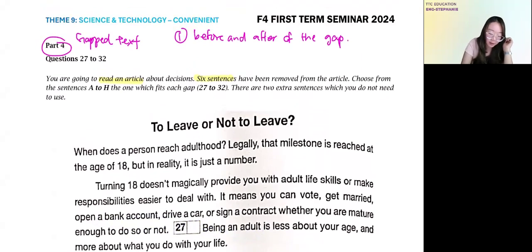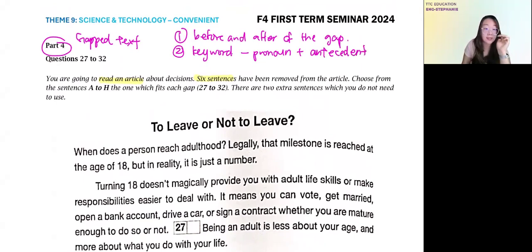Then again, it's about finding the keywords. And most of the time, the keywords here are related to your pronoun and antecedent. Okay, what is pronoun? What is antecedent? Pronoun is your kata ganti, 代词. Antecedent is the 主语, or we will say kata nama. Okay, the main part, the main subject.